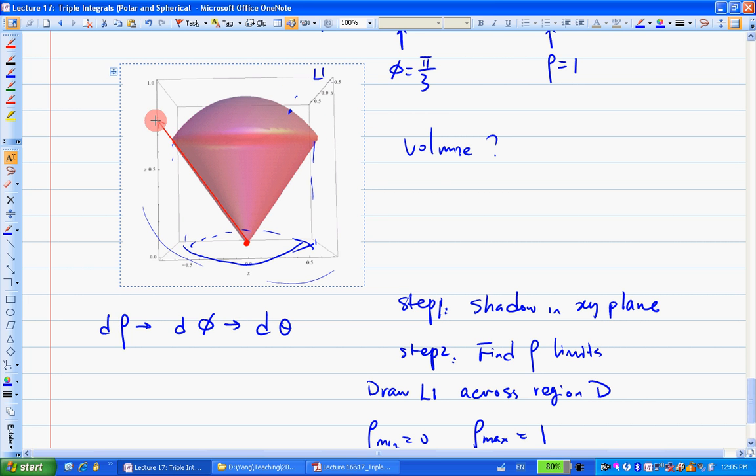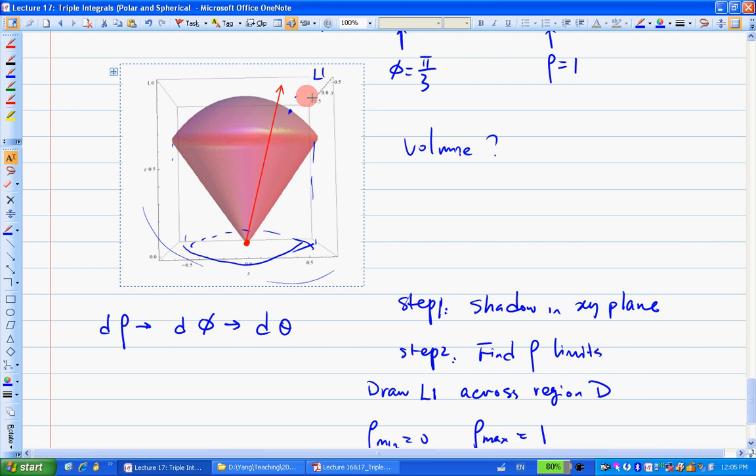Remember, you don't sweep over here. You start absolutely from the z-axis, up to where the edge is. In this particular case, I started from here and I'm already intersecting the solid, so phi min is 0.